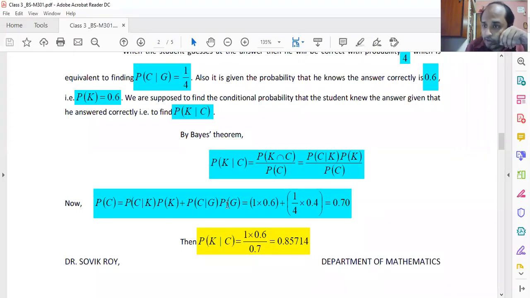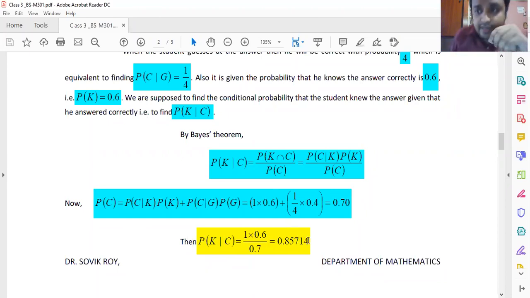So P(C) is obtained. Let us substitute in the formula of Bayes theorem. The probability of K given C thus becomes: the probability of C given K, that the answer is correct given that the student knew the answer, is 1. The probability that the student knew the answer is 0.6. And the probability of C, which you have calculated, is 0.7. So ultimately you are getting 0.85714.